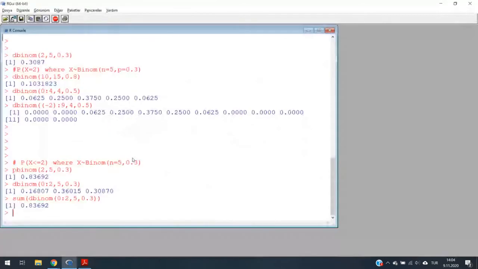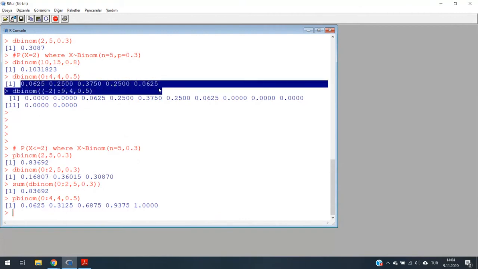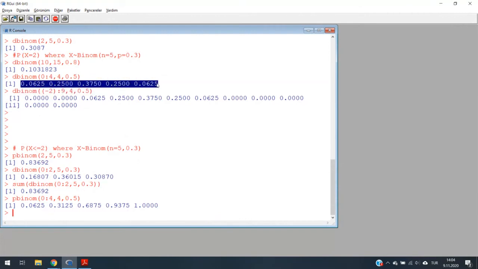For that, we are just going to repeat the above example, but this time we write pbinom. If you compare with the above values, these are the probability mass values at each point, but these are the cumulative probabilities up to that point.